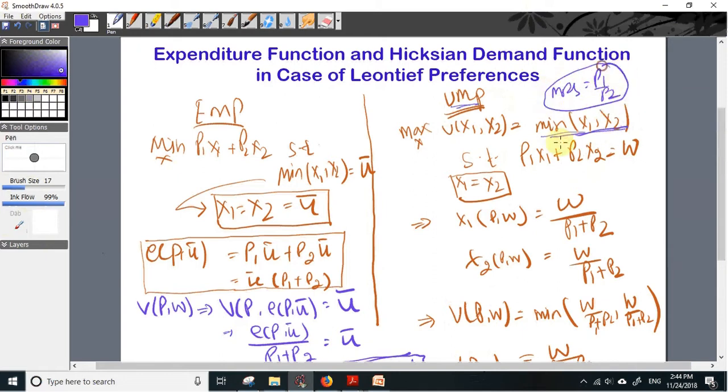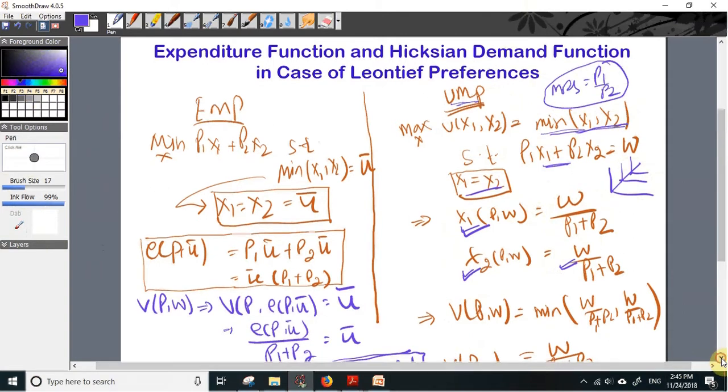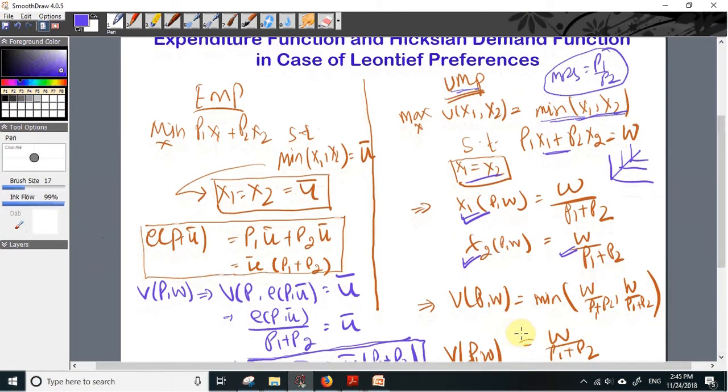So we use the fact that along the ray which passes through the corners of the L-shaped indifference curves, x1 equals x2, and we substitute this in the budget constraint and we get the Marshallian demand function of x1 as w over p1 plus p2 and demand function for x2 as w over p1 plus p2.